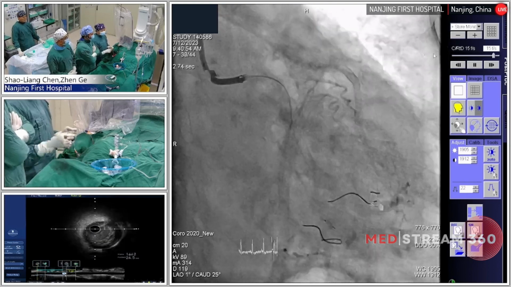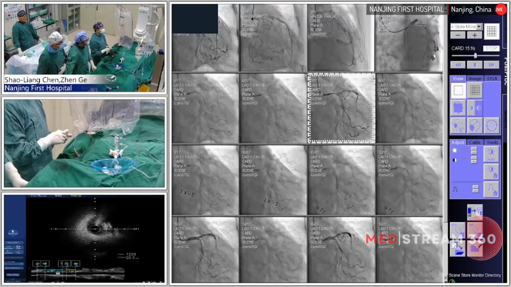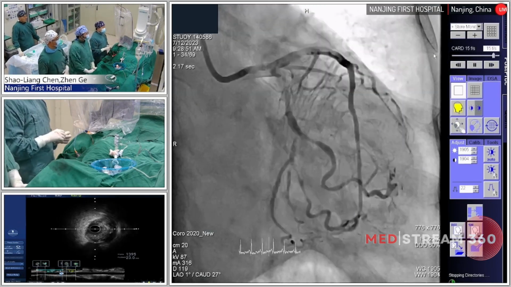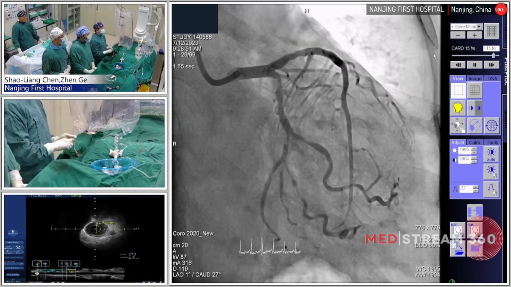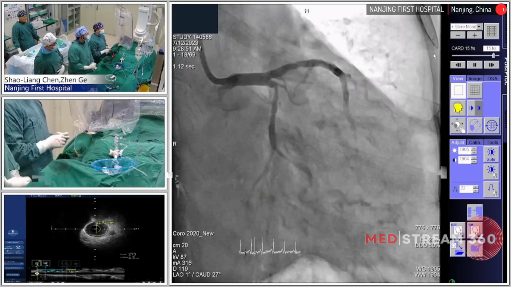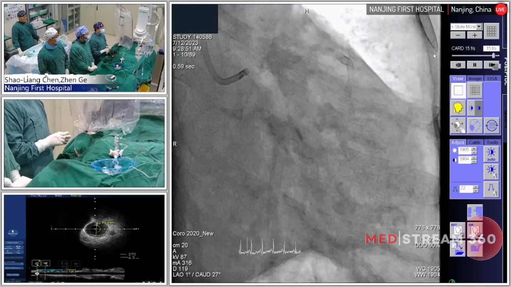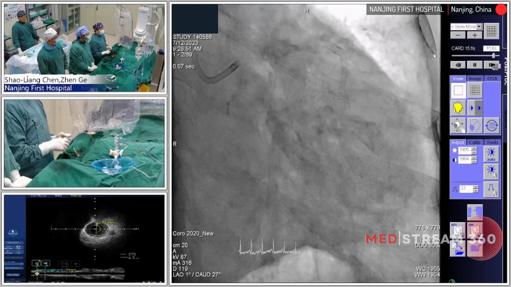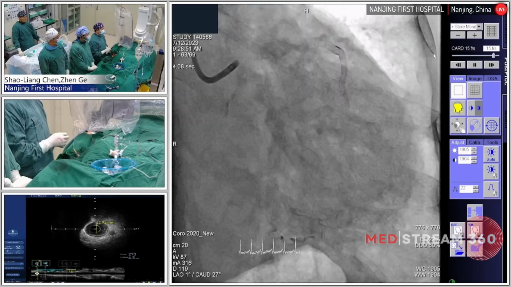Today's angio shows on the screen. From the angio we can see the LAD stent is expanded very well. The proximal circumflex has significant stenosis with severe calcification. And circumflex and OM is a true bifurcation lesion.